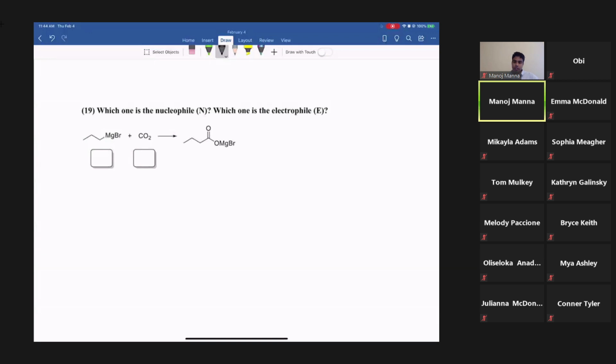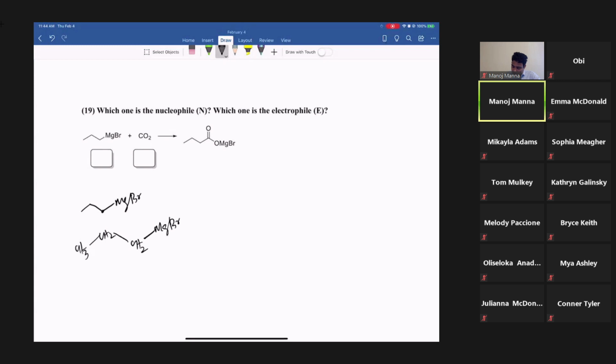Now this one I already explained. Can you answer which is the electrophile and which is the nucleophile? What do you see over here? Now we have magnesium and bromine. So this is a carbon, right? CH3, CH2, CH2, Mg, Br.